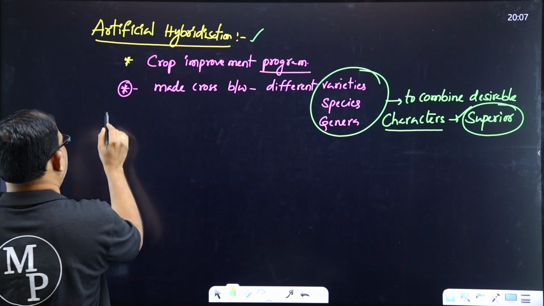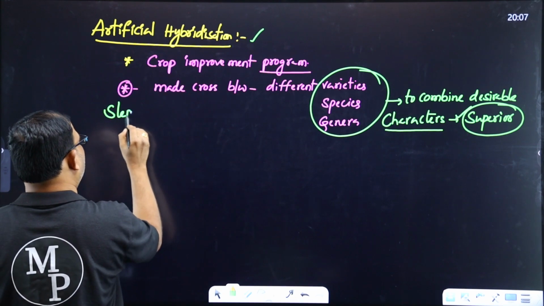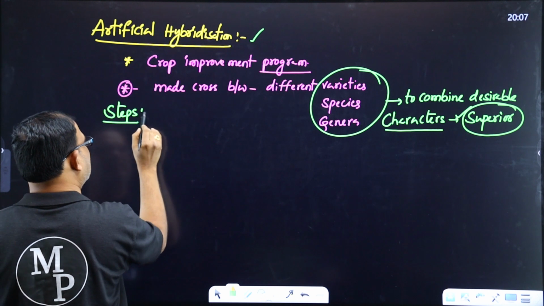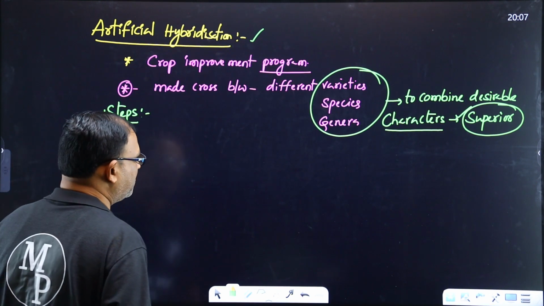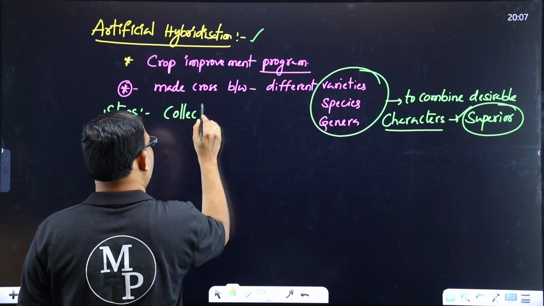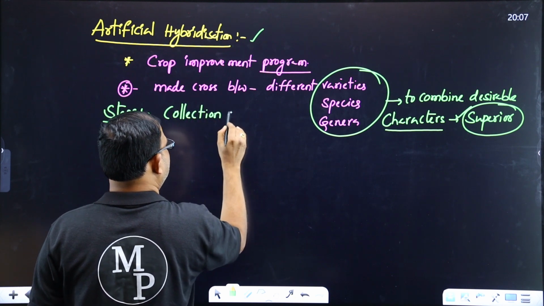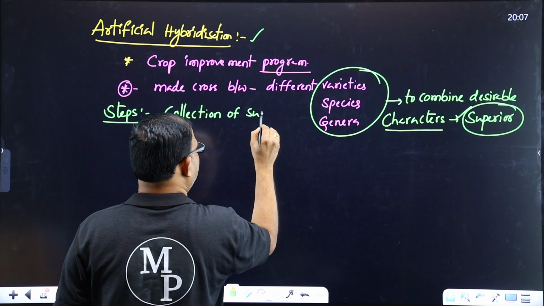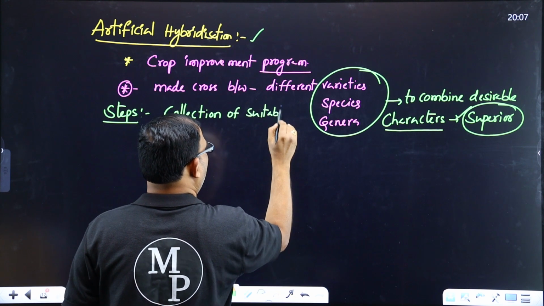What are the steps in the artificial hybridization method? This is also there in NCERT. The first step is collection of suitable parents.